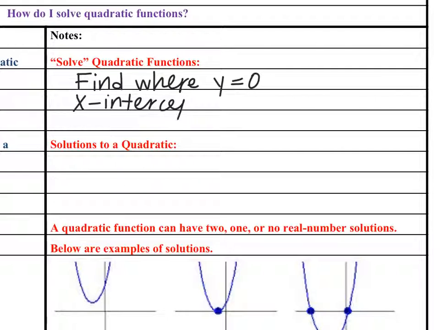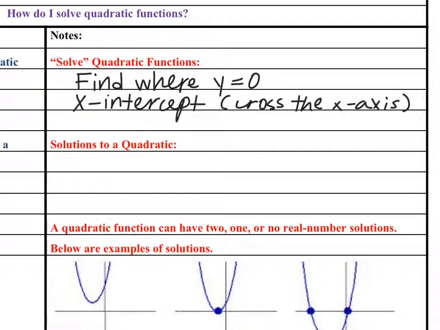So really what you're doing is finding the x-intercepts where they cross the y-axis. That's not right, where they cross the x-axis, because that's where y is 0. So if you are asked to solve a quadratic, you are being asked to find where y is equal to 0, set y equal to 0, and solve.